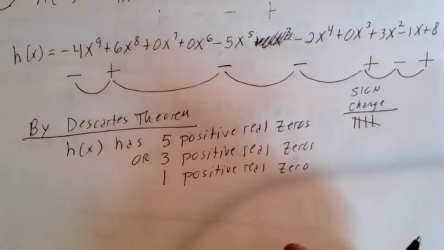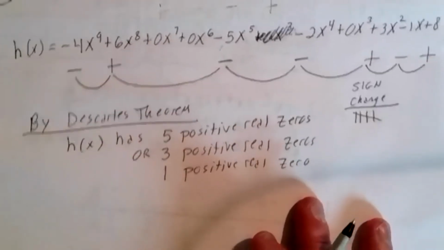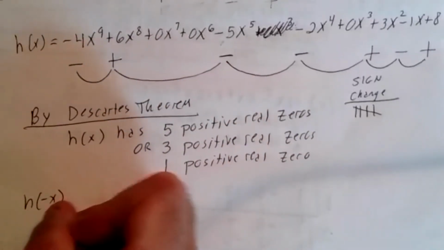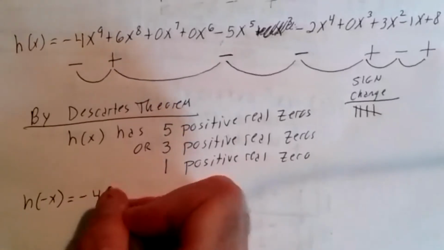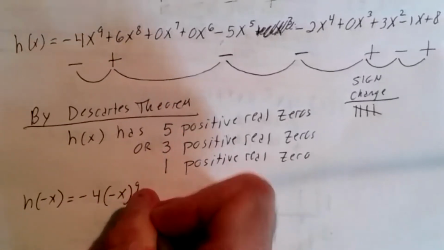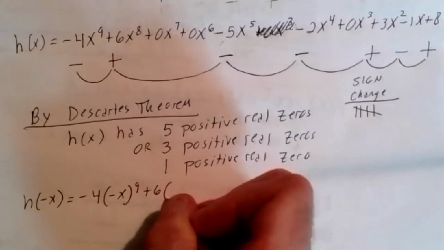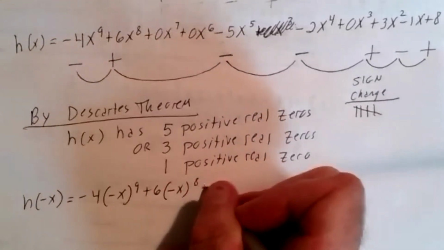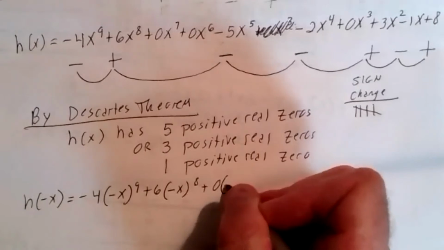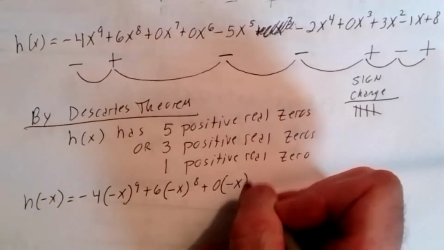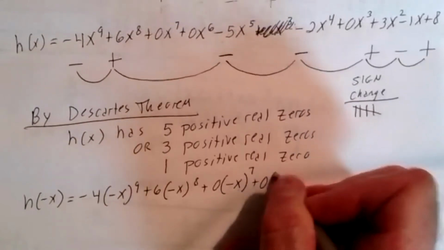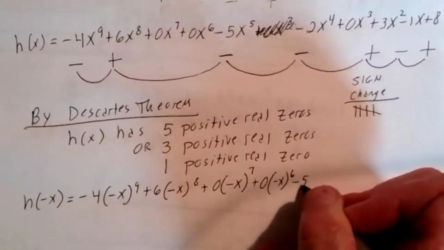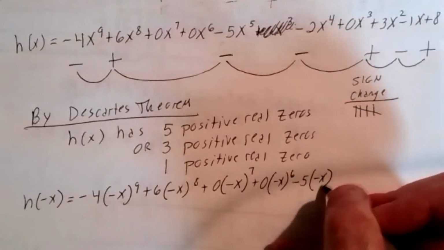All right, now for the negative real zeros that this potentially could have, what we want to do is evaluate our function at negative x, which means that wherever we see x, we have to replace x with negative x, and then simplify, and then do a sign change count once again. For these placeholders, ladies and gentlemen, they're still going to be 0, regardless of what you put in for x here.